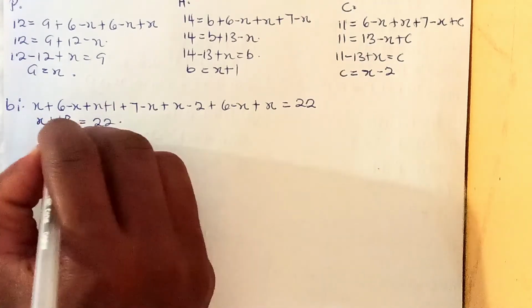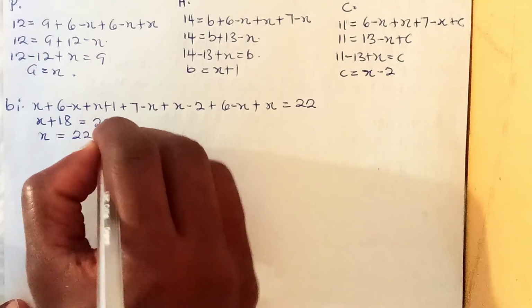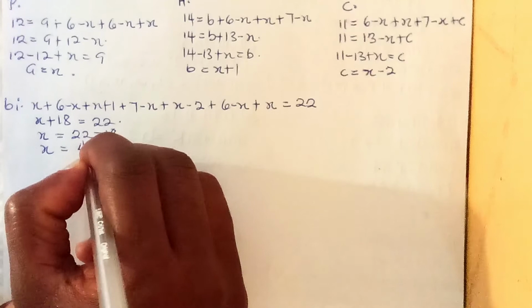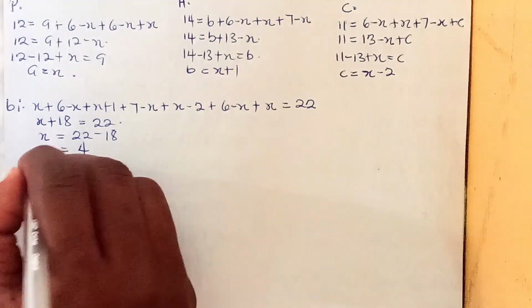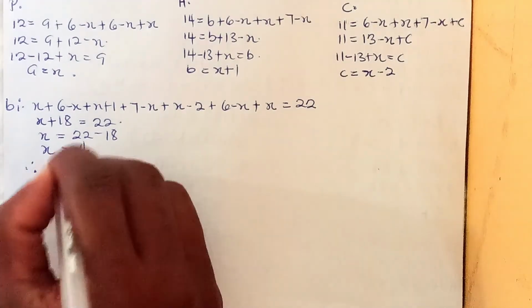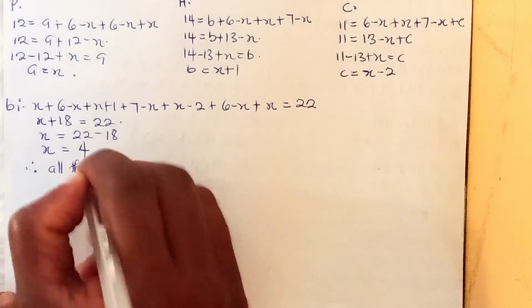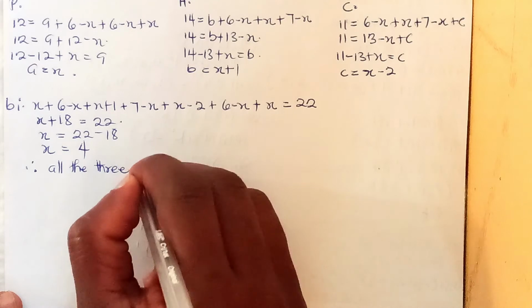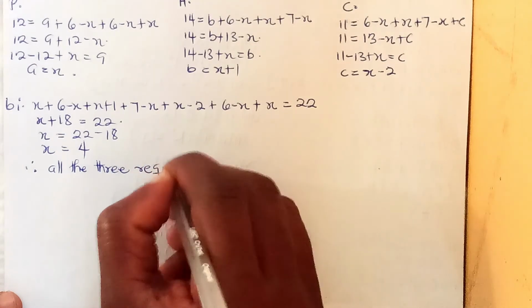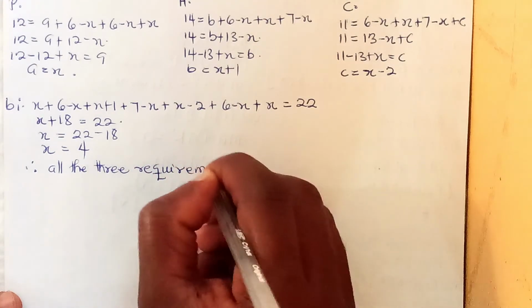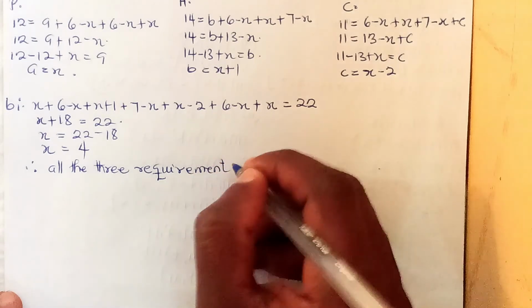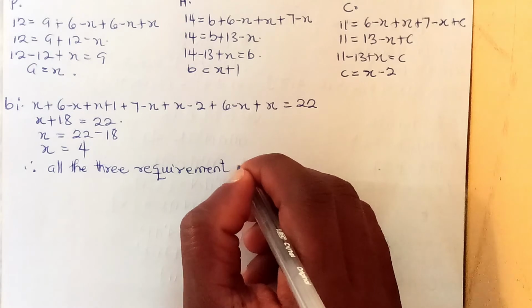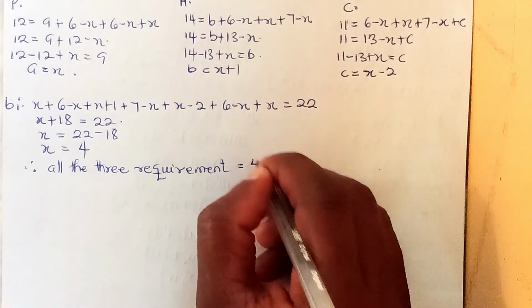So x equals 22 minus 18, where x gives us 4. So therefore, the number of people that had all the three requirements equals 4.